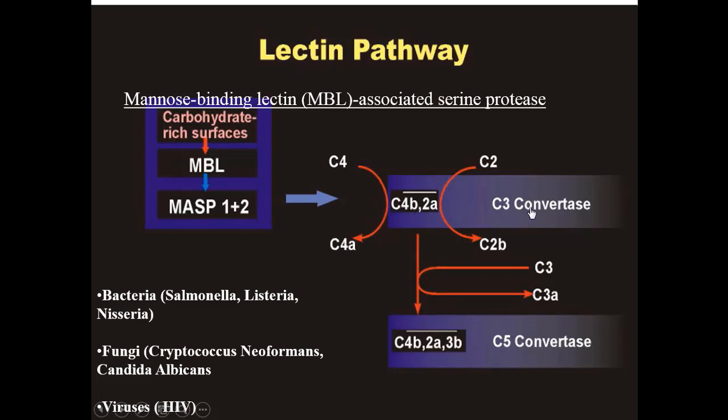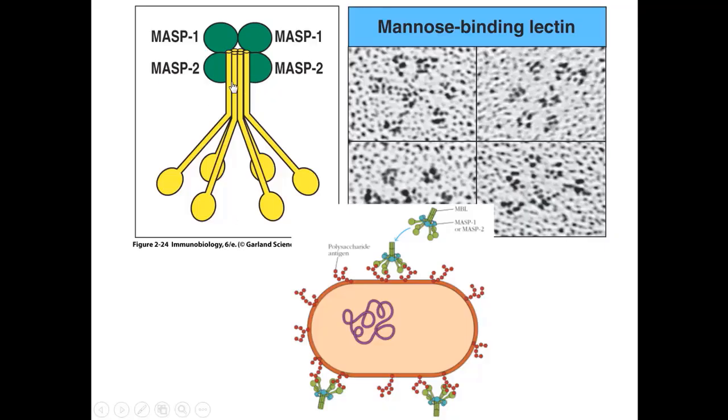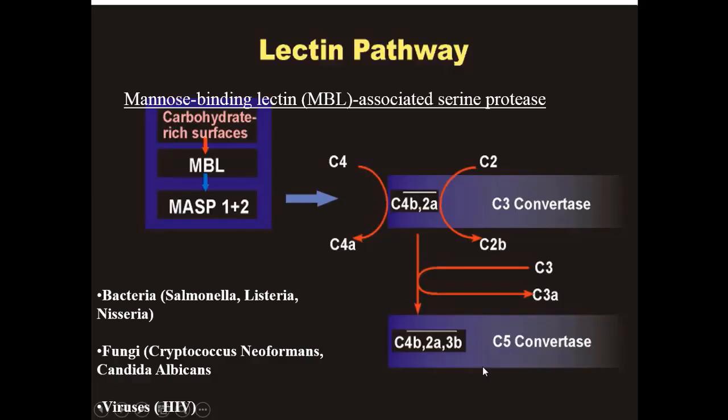As you see here, the C3 convertase is similar to the C3 convertase of the classical pathway. MBL is similar to C1q, with stalk and heads. MBL can bind to mannose on the surface of microbes through the head of MBL. And MASP1 and MASP2 are similar to C1r and C1s.